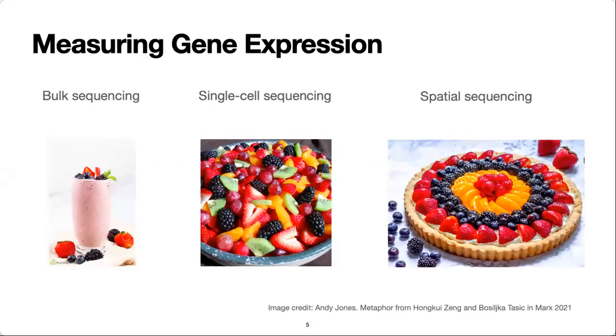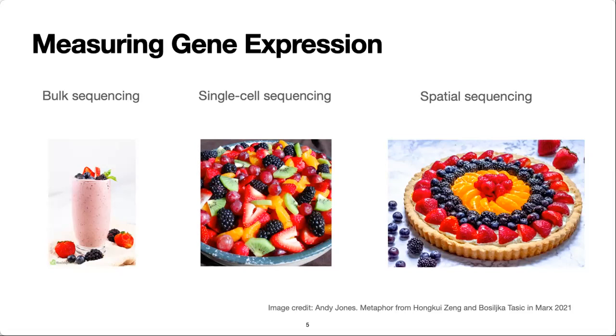So there's three broad types of measurement strategies for gene expression that we've worked with over the years. Historically, RNA-seq or sequencing of gene expression was the new technology that surpassed microarrays.